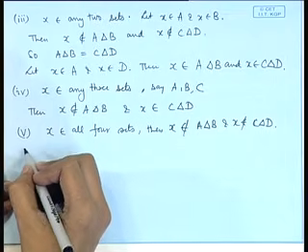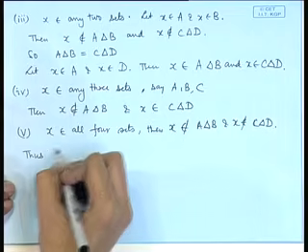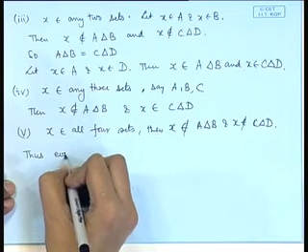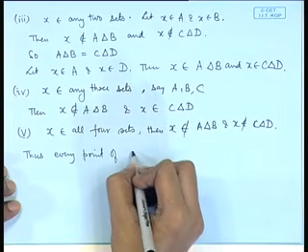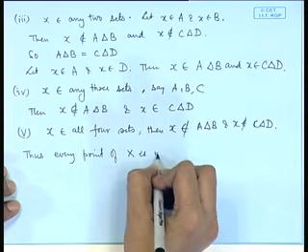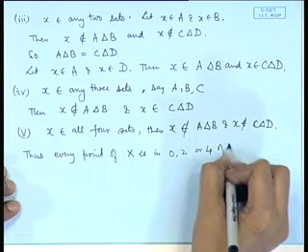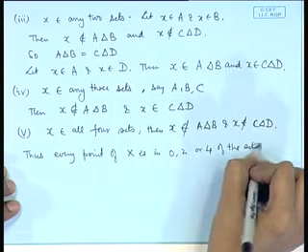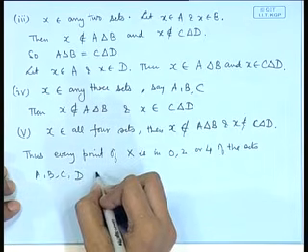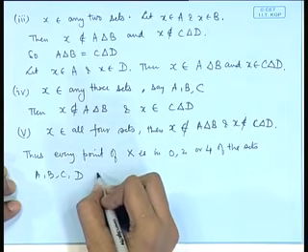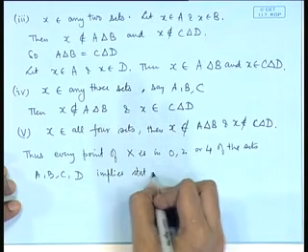Thus, we have proved that every point of x is in 0, 2 or 4 of the sets A, B, C, D implies statement 1.